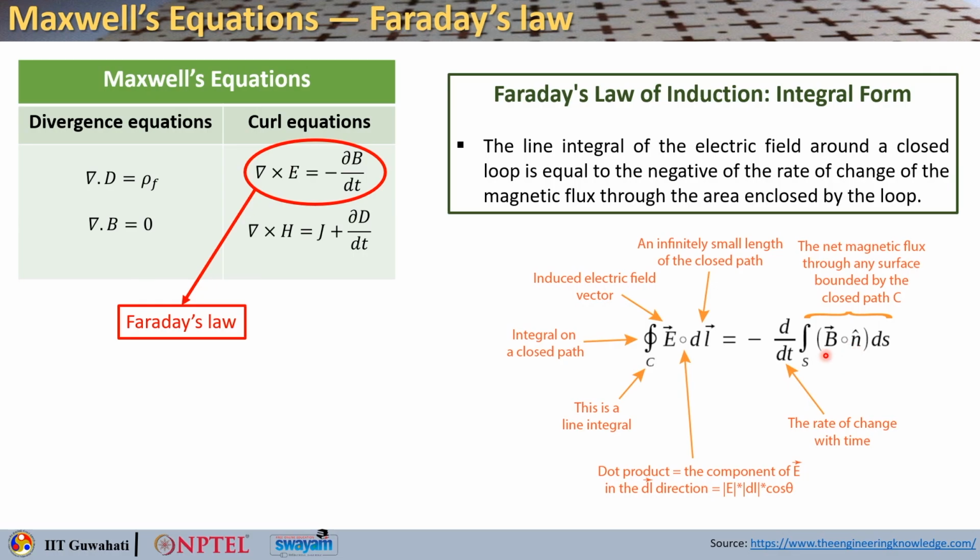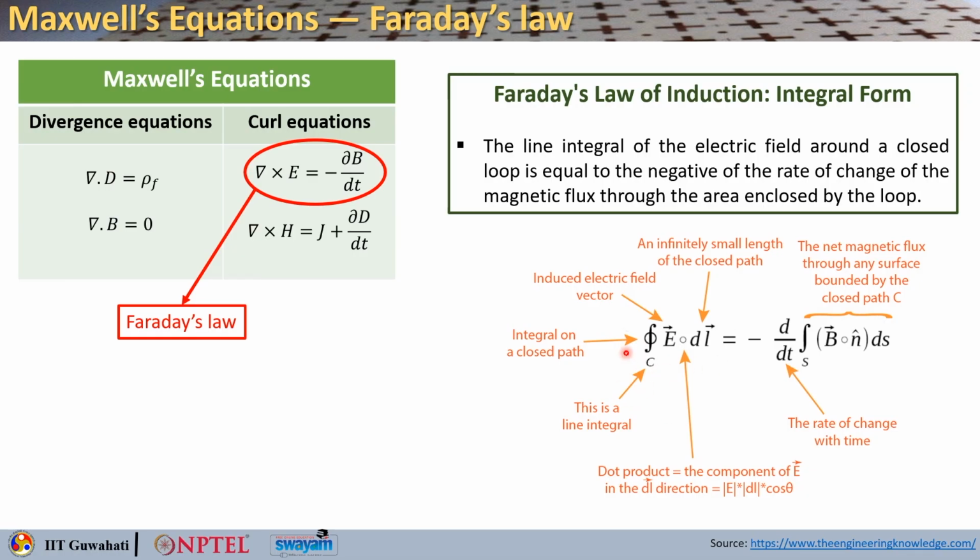This is the magnetic flux enclosed by the loop. Clear? There are a couple of things here: d/dt tells you the rate of change with time. This particular integration gives you the net magnetic flux through any surface which is bounded by this closed path C.